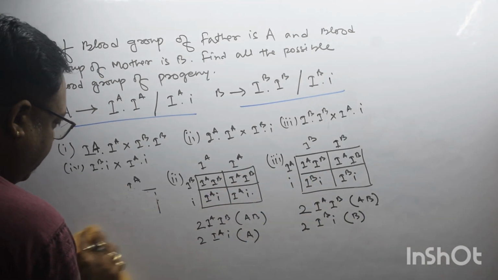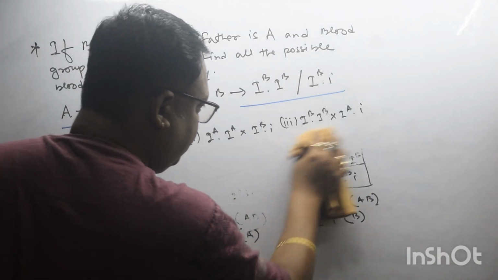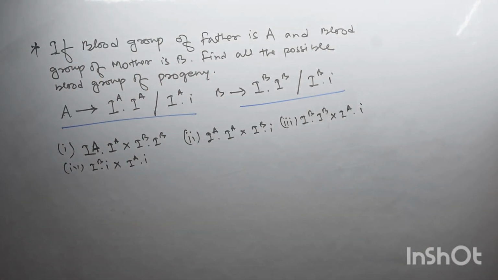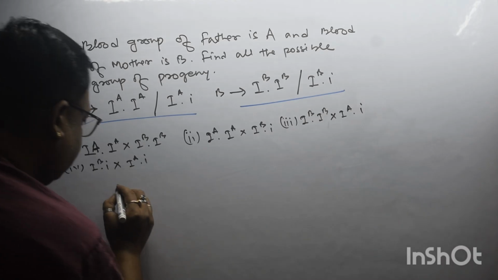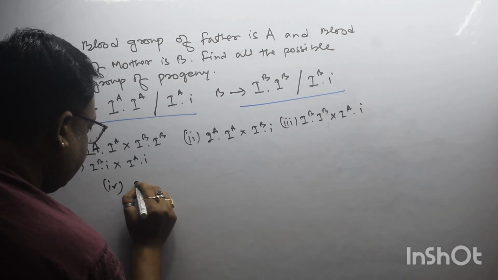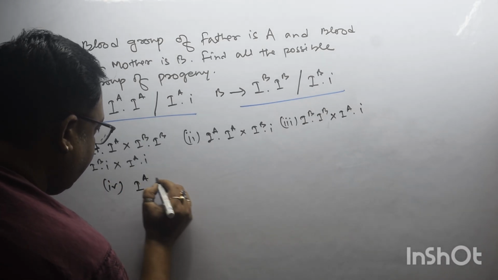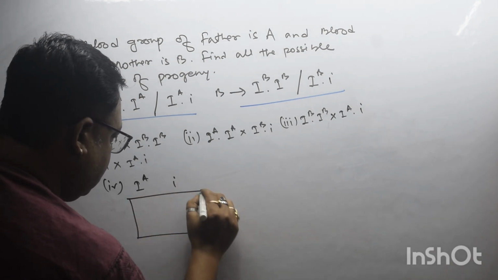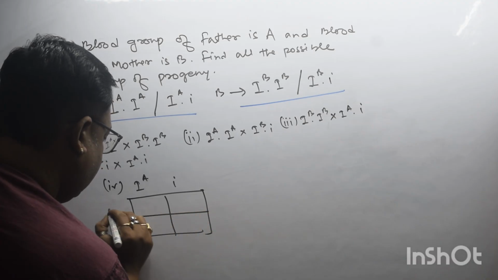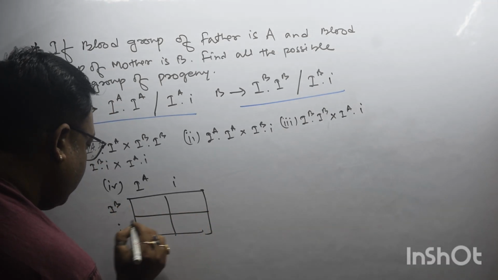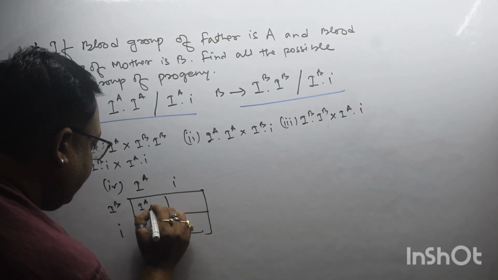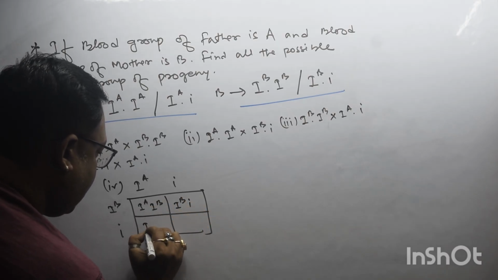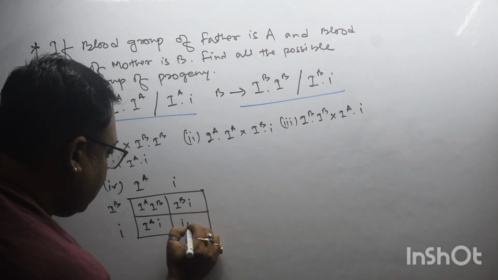In case of the fourth instance, IA small i with IB small i. So it will be IA IB, IB small i, IA small i, and small i small i.